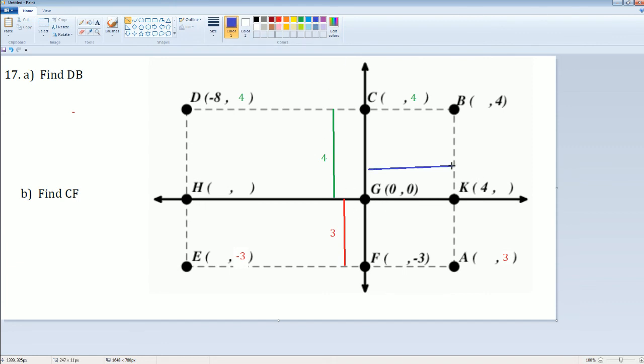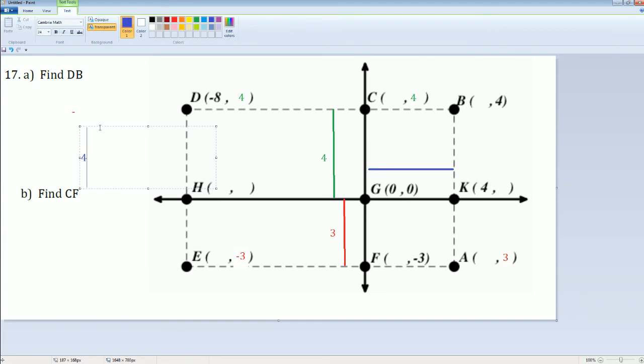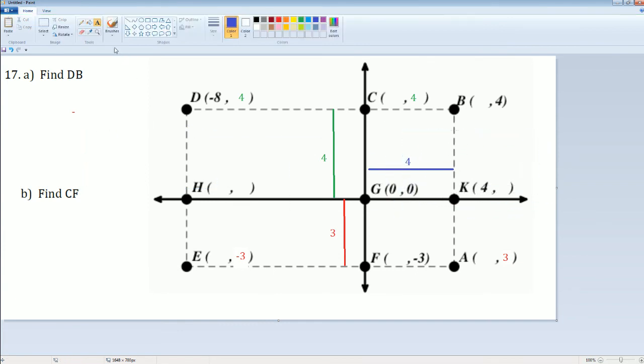Goes from here to here. This gives you the value of 4. You see, it says 4 here. So that's 4. That means the same value of this will have to be any of this. So this has to be 4.